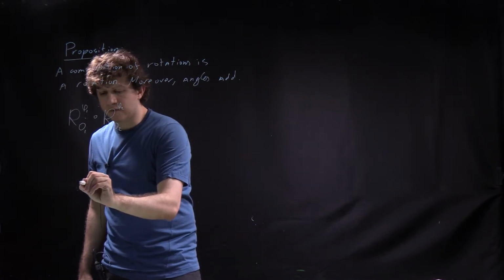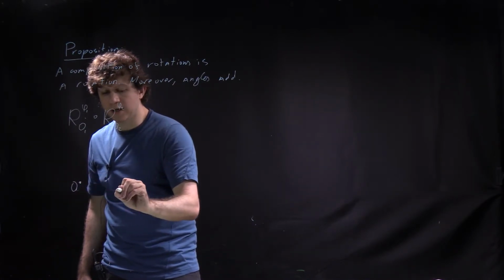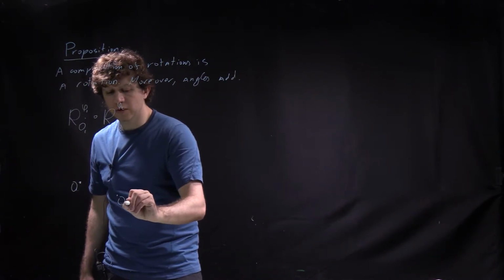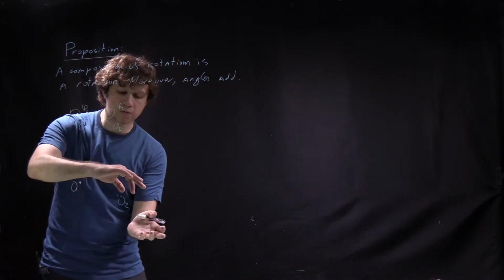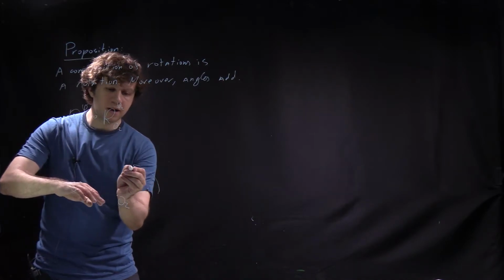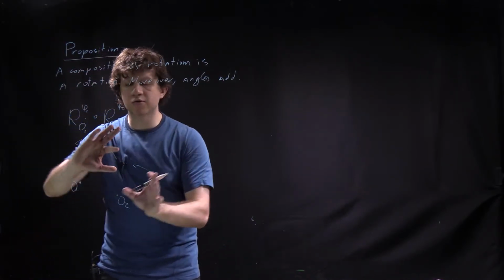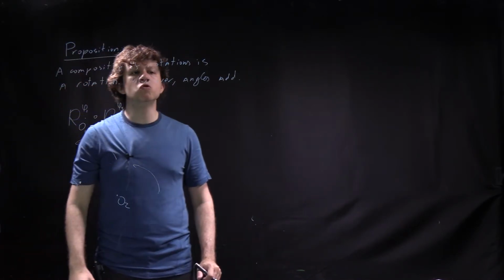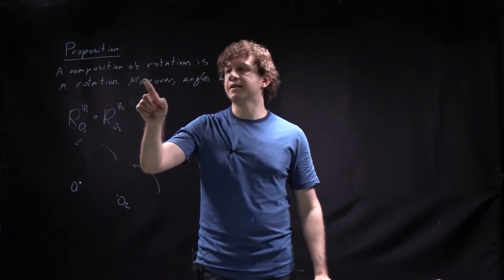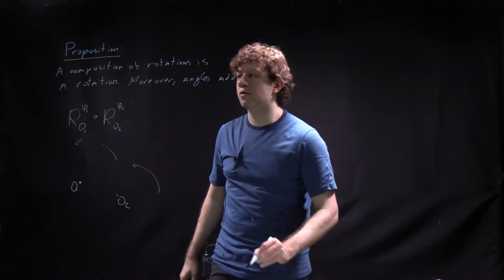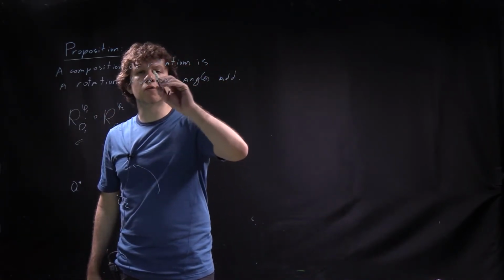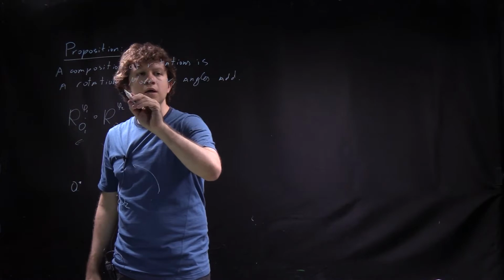And the picture is kind of like that. So I have O1, I have O2, and I first rotate with the center O2 everything, and then rotate with the center O1, and it's a rotation with one center, then another center, and it's not obvious at all that the composition is a rotation.